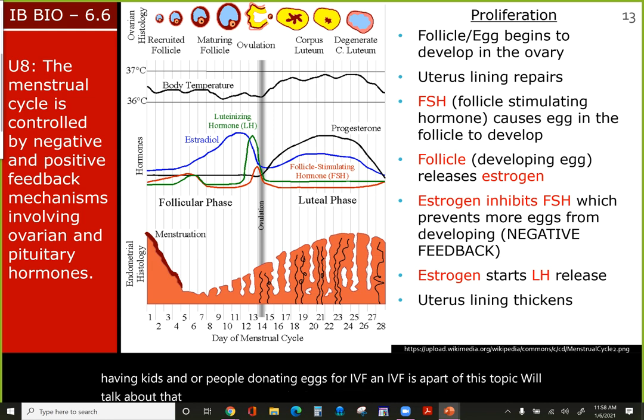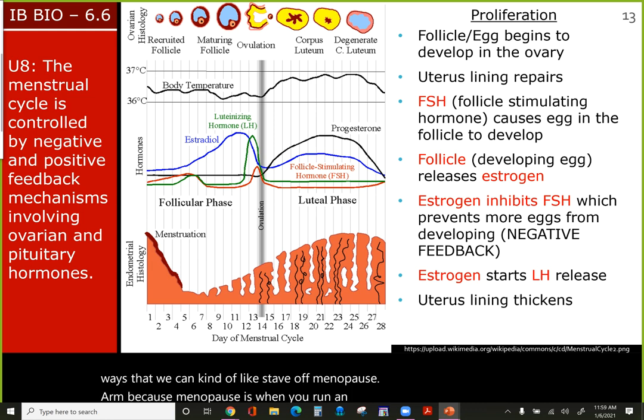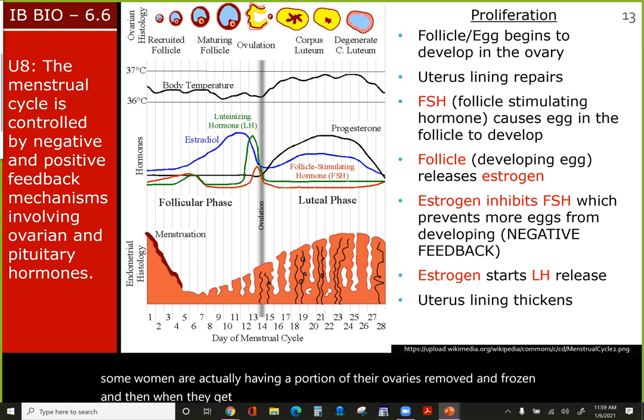There are a couple of different new ways that we can stave off menopause, because menopause is when you run out of eggs. One of those ways is some women are having a portion of their ovaries removed and frozen, and then when they get later in life towards menopause, they have those pieces reimplanted so that they have those eggs again.